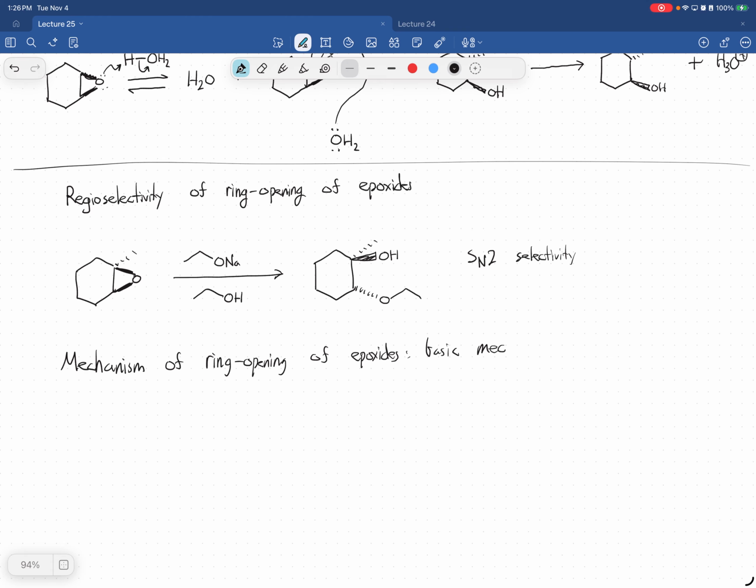Basic medium means your pH is basic. All right, so SN2-like conditions. Least hindered substrate. All right, so let's draw our product again, and let's see if we can put in the right arrows.